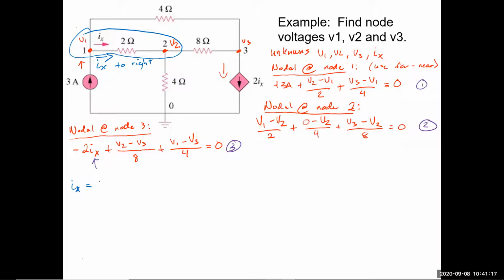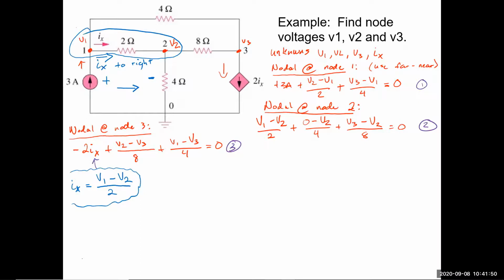Ix has been defined as flowing towards the right, so we write it as V1 minus V2, and not the other way around. V1 is the plus side, V2 is the negative side, and current is flowing from left to right because it's been drawn that way. So Ix equals V1 minus V2 over 2 ohms. That is our fourth equation.